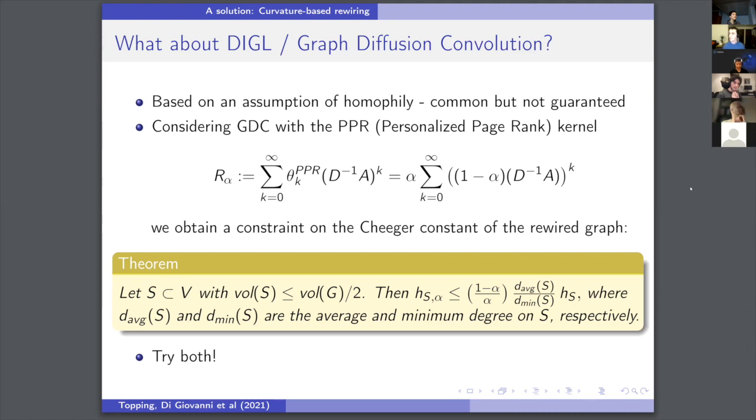But if you're just looking at homophily and getting things that are close in random walk distance to be closer in our computational process, then that's the advantage that we get from DiGL, and maybe not related to bottlenecks.